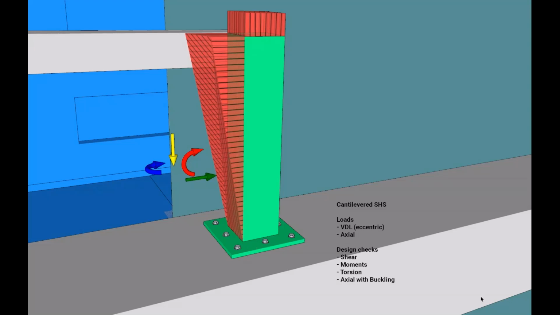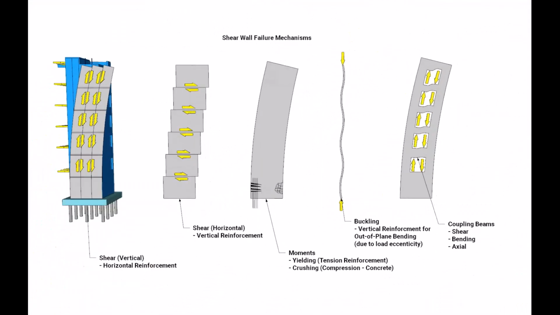So if we look at the failure mechanisms of a concrete shear core or shear walls, we can have a look at some of the critical global failure mechanisms here. We've got our vertical and horizontal shear failure mechanisms, which will require sufficient reinforcement in each direction. The stresses induced from the moments onto the base will create a push-pull effect on either side, and it will require sufficient reinforcement and/or concrete to deal with these stresses.